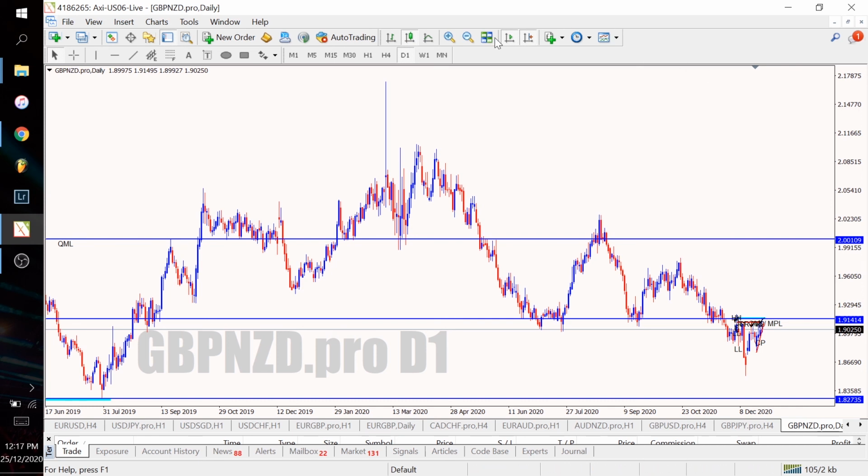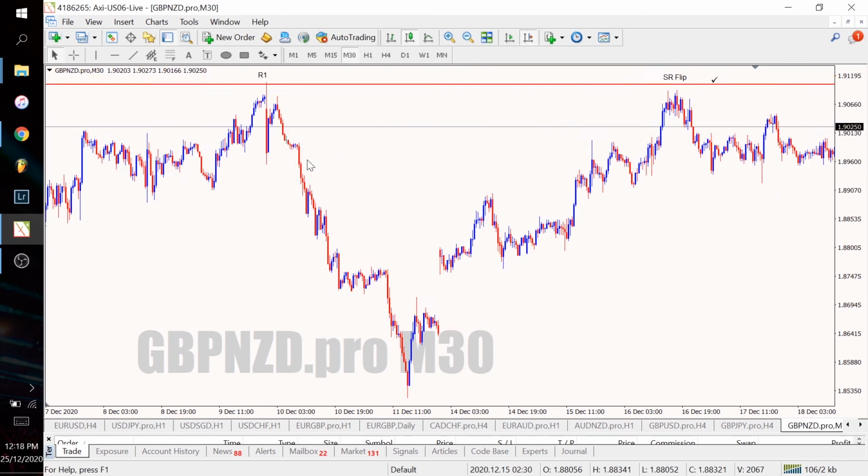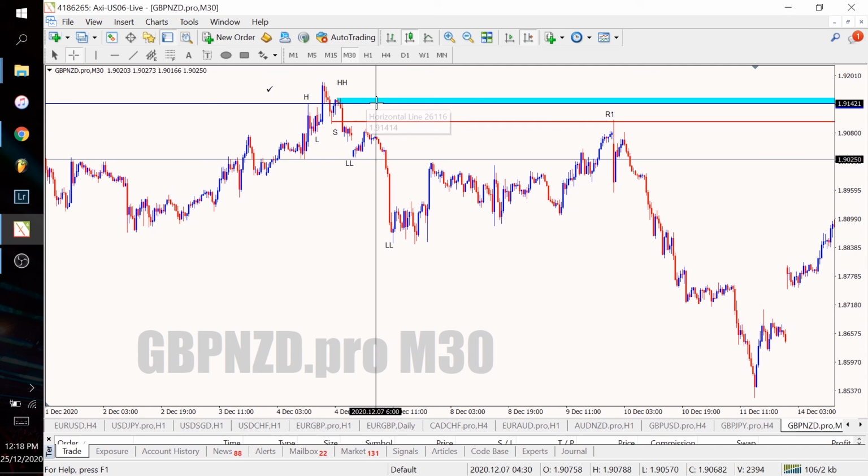So I hope you got a little bit more insight into how I refine my zones, not just using the QML and just trying to hit and miss and putting my stop loss above. I actually go and look for zones and refine my entries and fine tune my stop loss to below 20 pips. That is the optimum.